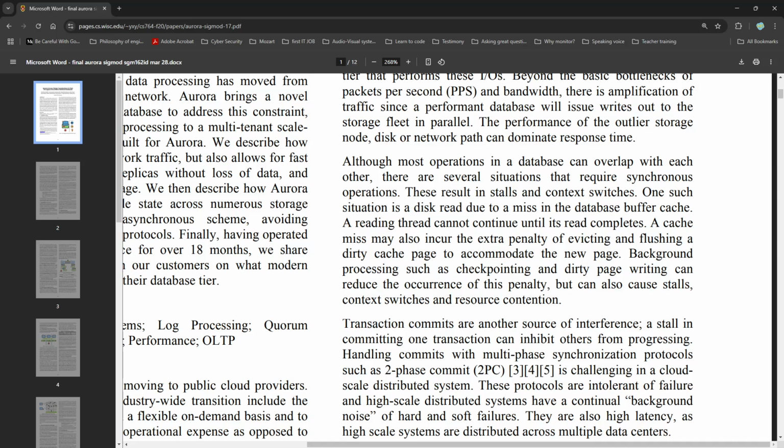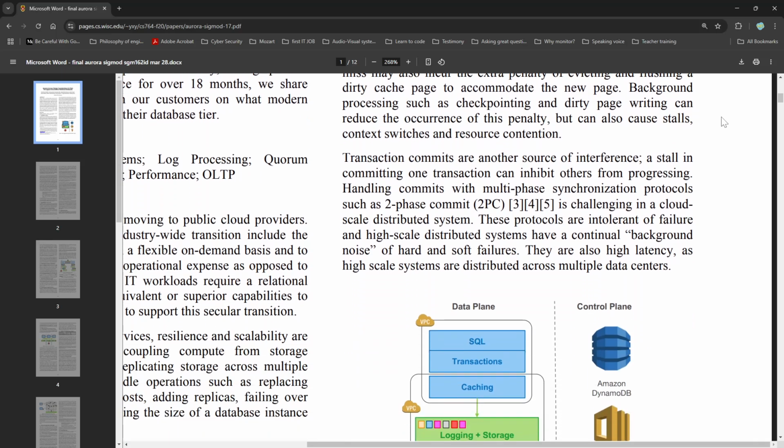A cache miss may also incur the extra penalty of evicting and flushing a dirty cache page to accommodate the new page. Background processing, such as checkpointing and dirty page writing, can reduce the occurrence of this penalty, but can also cause stalls, context switches, and resource contention.